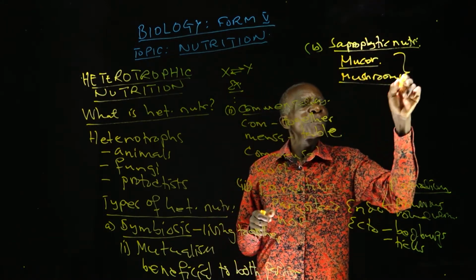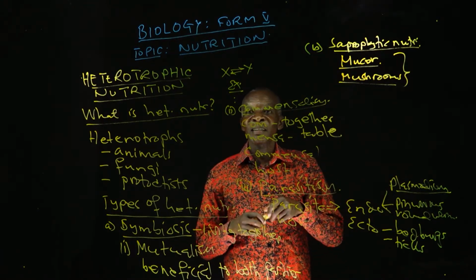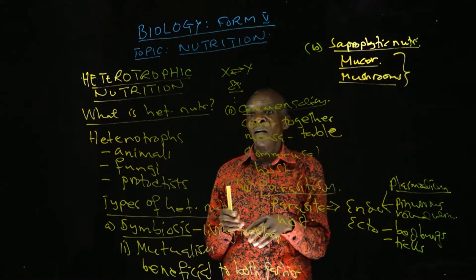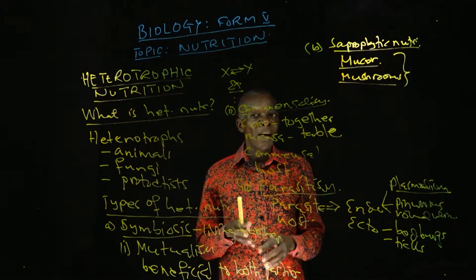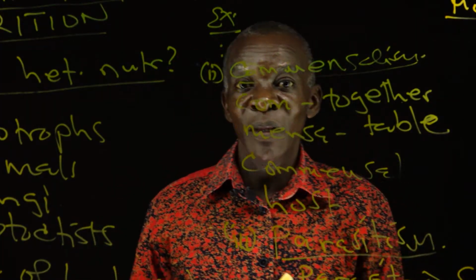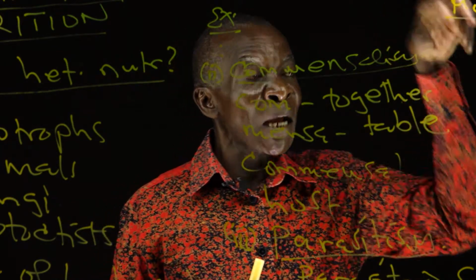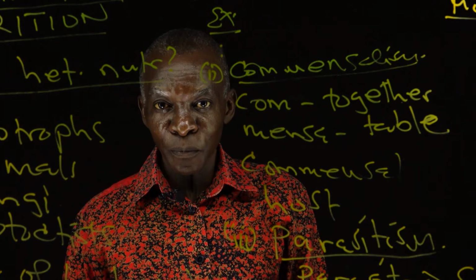These normally produce what we call exoenzymes. They secrete enzymes externally, poured on the material to be fed on, the decaying organic matter. Digestion takes place externally, and the saprophytes absorb the nutrients into their bodies.